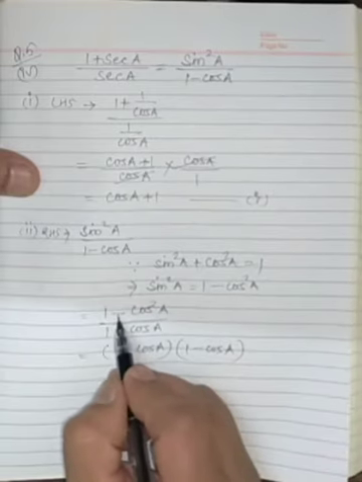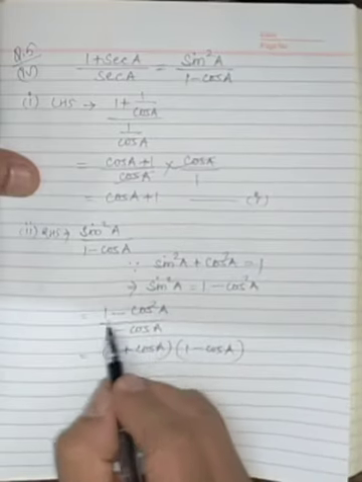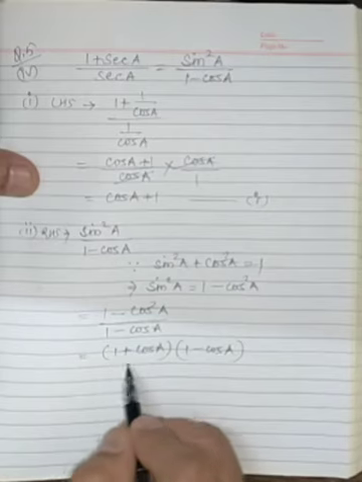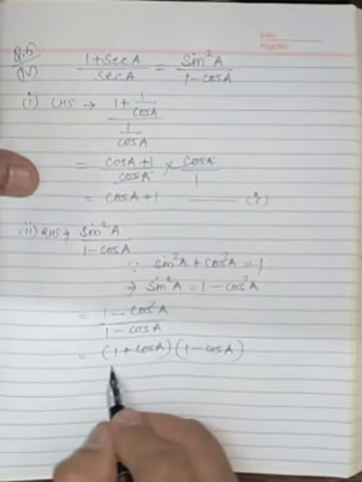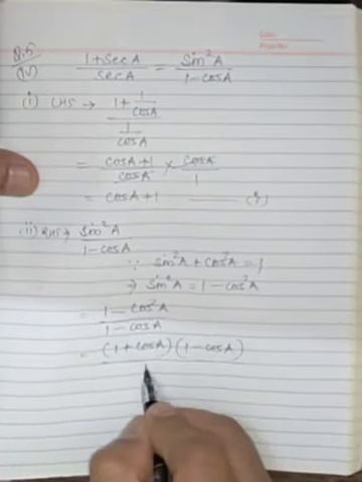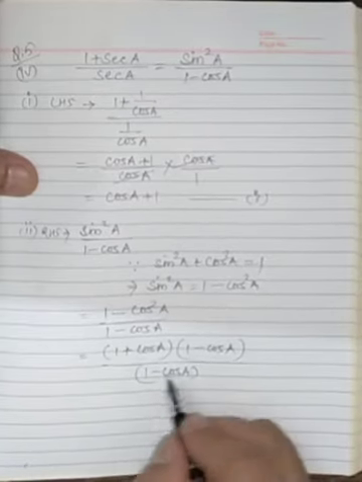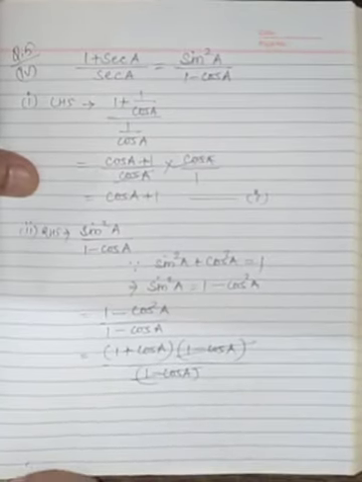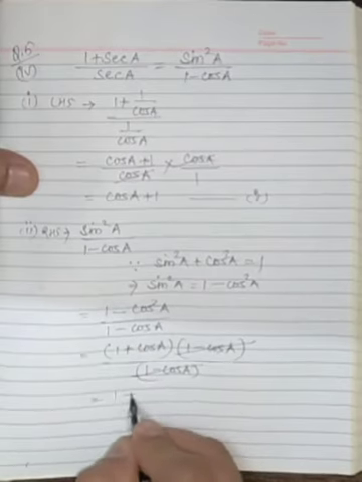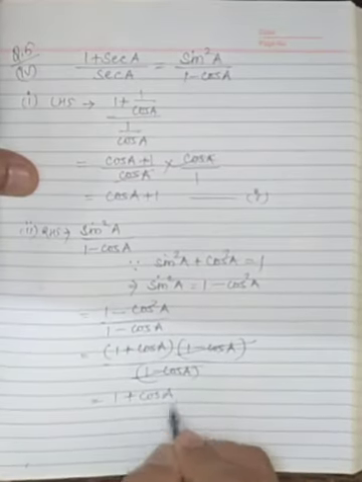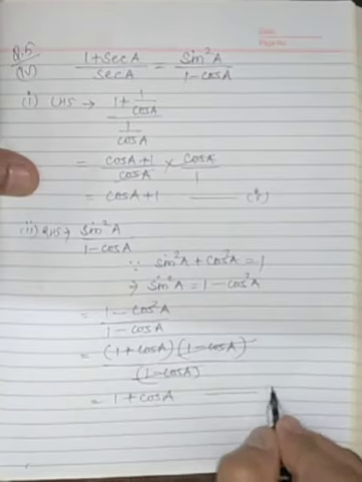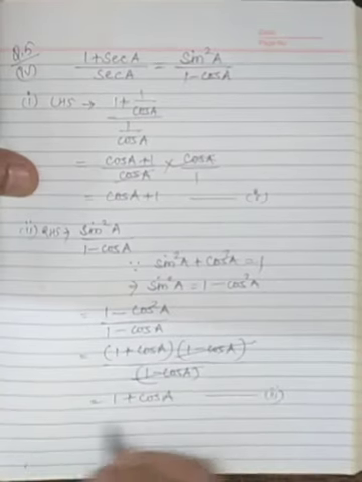So 1 square minus cos square a is equal to a square minus b square, that is (a plus b)(a minus b), upon 1 minus cos a. So here 1 minus cos a cancels. We get 1 plus cos a. Let this be second part.